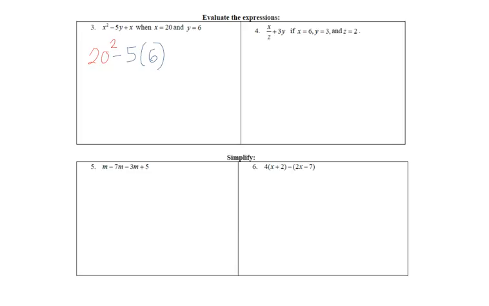And then plus 20. Well, 20 squared is actually 400. 5 times 6 is 30. 20 is 20. If you combine, 400 minus 30 is 370. 370 plus 20 is 390. That's our answer.